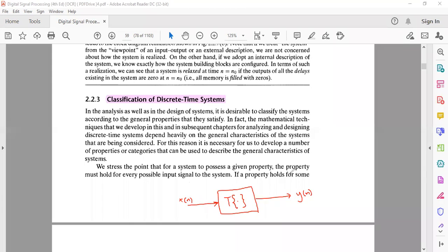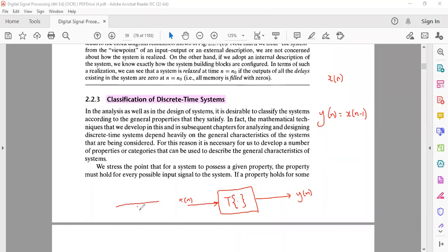We said systems can be as simple as not complicated operations. For example, you can say that your y[n] is going to be equal to x[n-1], meaning that you're going to shift the values of x by one position to the right. That means you had your input as x[n], and now your output is x[n-1].